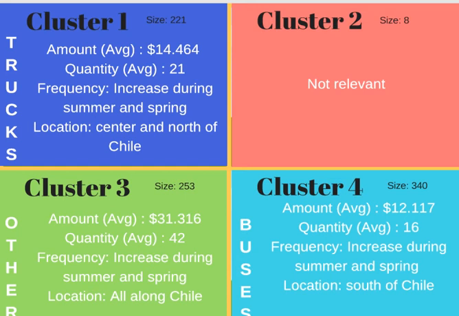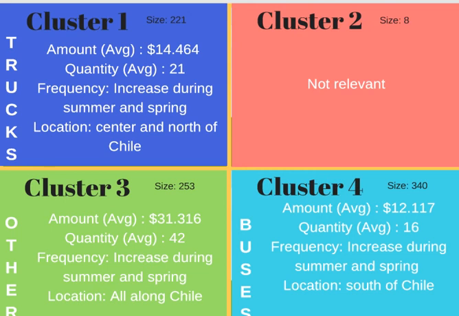The quantity of purchase in this segment was 21 liters. The frequency of the purchase increased during the summer and the spring, and the location was the center and north of Chile. The size of this cluster was 221 consumers.